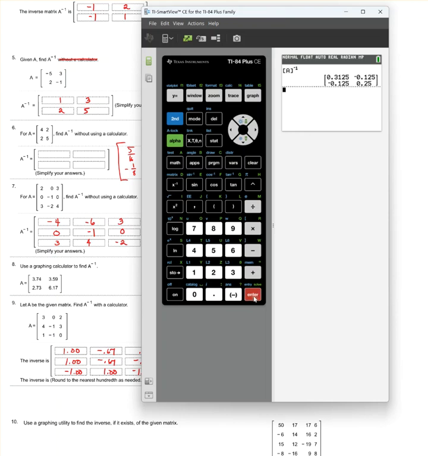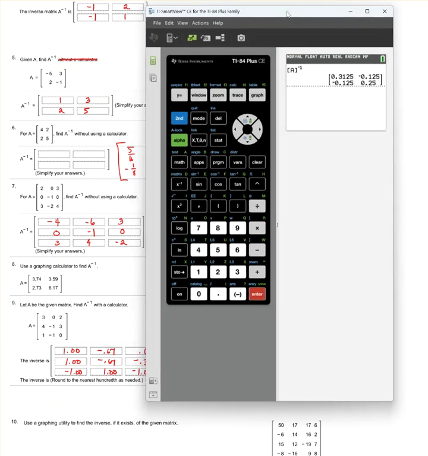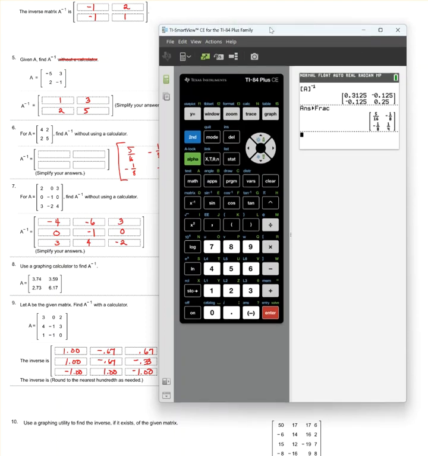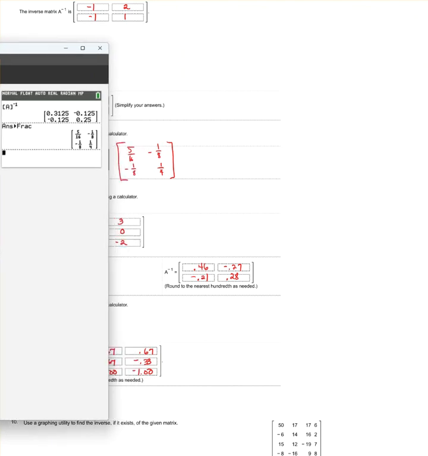And we get that. And we've got decimals, but they want fractions, it sounds like. So we'll just hit math and enter on fraction and enter one more time. And it looks like we have what we're supposed to have right there.